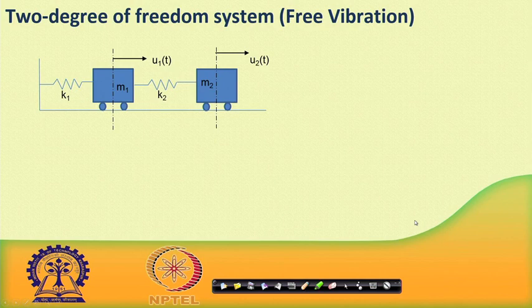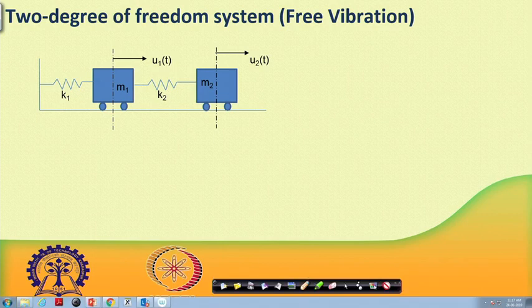Let us go to the very classical example of a spring mass system. Here I have a 2 degree of freedom system, which is a very simple example where I have 2 concentrated masses m1 and m2, unlike one single mass in a single degree of freedom system.